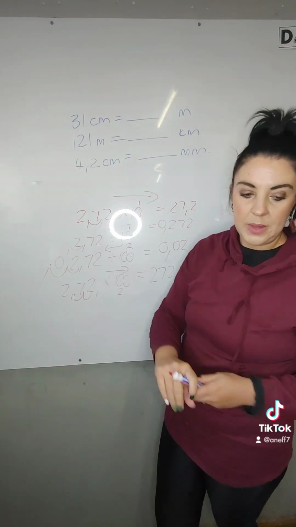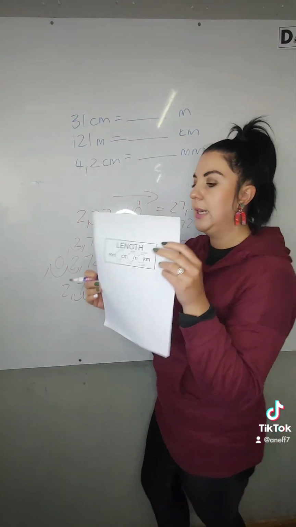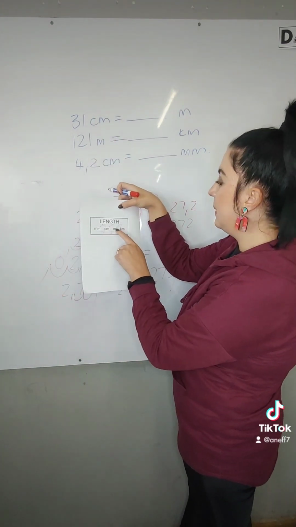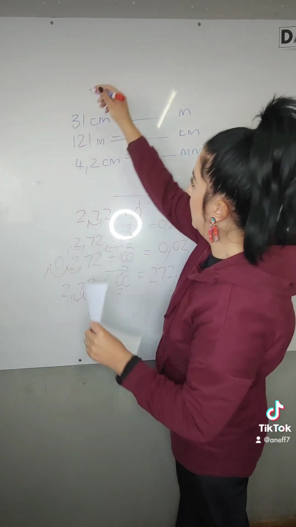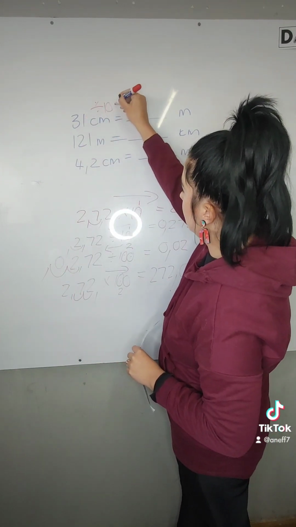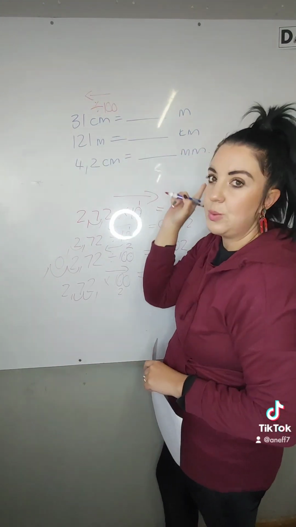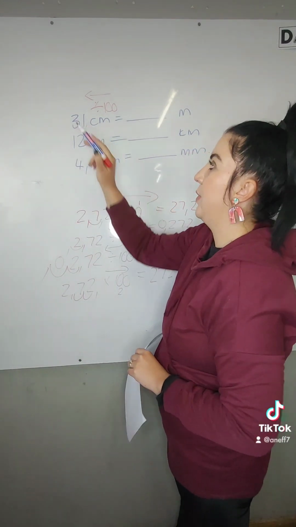So let's go look here. I'm going to use my guideline that I have typed here for the learners. So from centimeter to meter, I'm going to divide by 1000. Important, it's going to go to the left hand side because we divide. And I always tell my learners, add a 0 at the back of the 1.